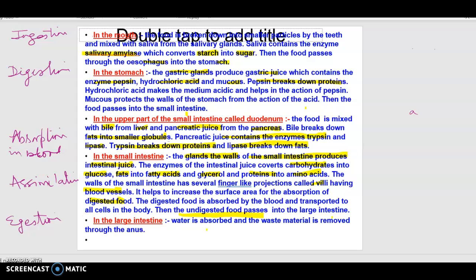So this completes the entire process of digestion and all the organs of the digestive system.